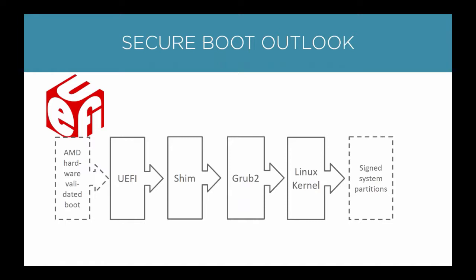And the plan is to use the feature our board from AMD in the upcoming UD7 has, which is called AMD Hardware Validated Boot. It has a secure processor that is started before the main processor and that checks the signature of the UEFI.